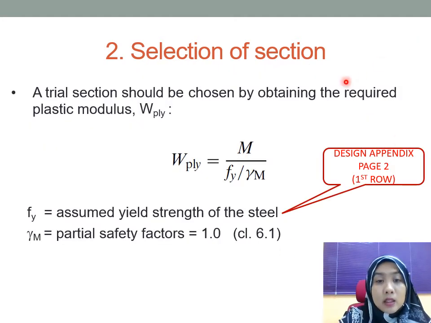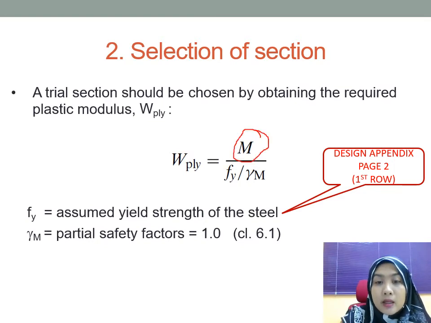Next, a trial section should be chosen by obtaining the required plastic modulus. This formula is actually taken from the bending moment resistance, which is the plastic moment resistance, from the appendix. So we rearrange the formula, since we don't have the size yet, so we need to choose one trial section based on the moment that we have here.